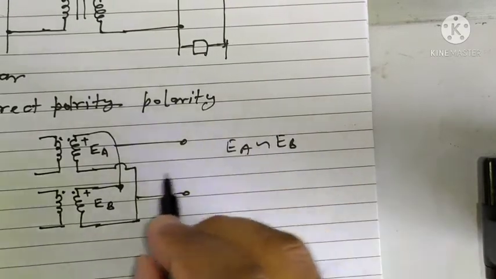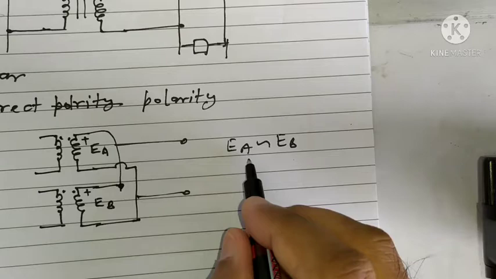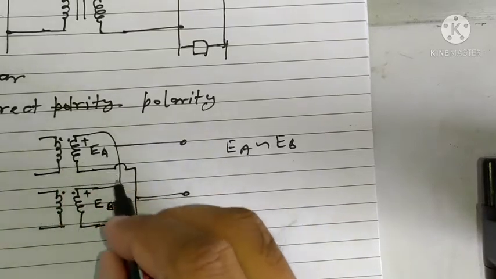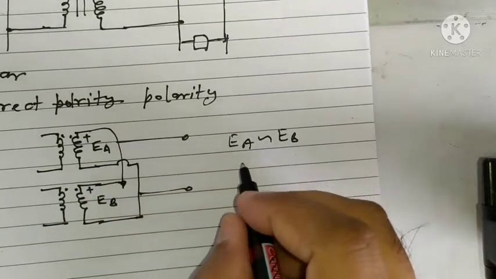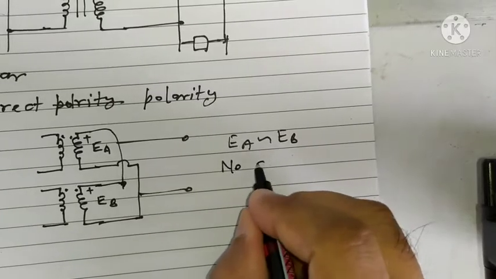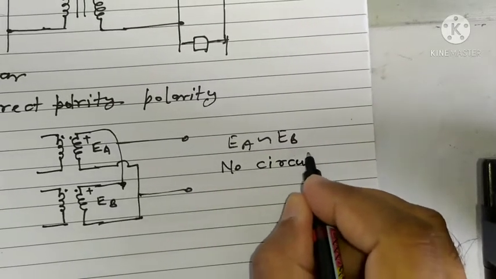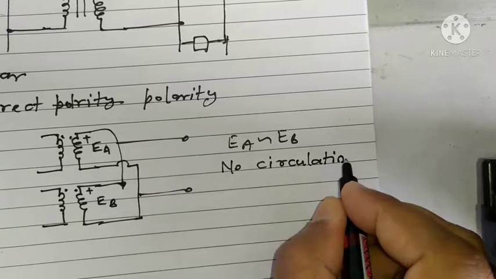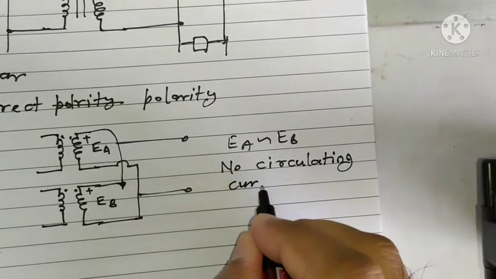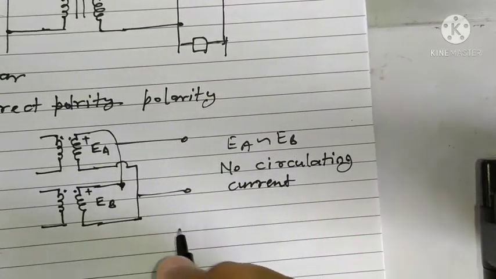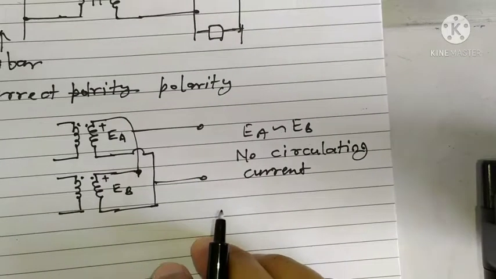If EA and EB are the same, then there will not be any loop voltage and there will not be any circulating current in the loop. This is correct polarity.